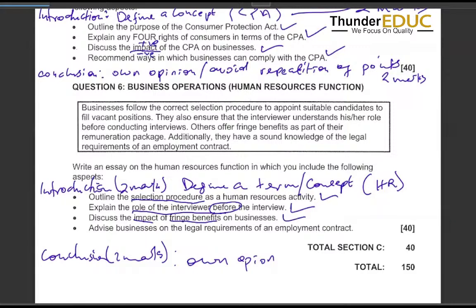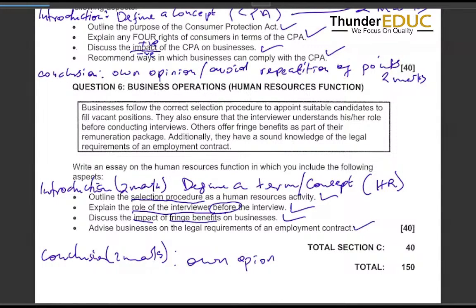Medical aid can help employees to easily go to different doctors whenever they are not feeling well. Also, one of the fringe benefits can be a company car. As an employee, sometimes a company can give you a car and say, okay, use this car as a benefit because you struggle with transport to come to work. Okay, right. So now let's move on to the last bullet.